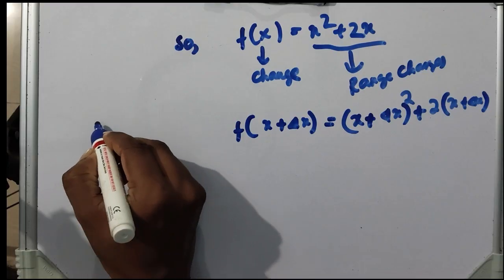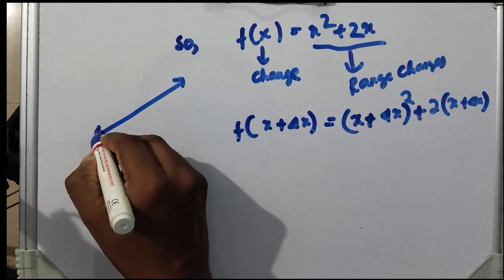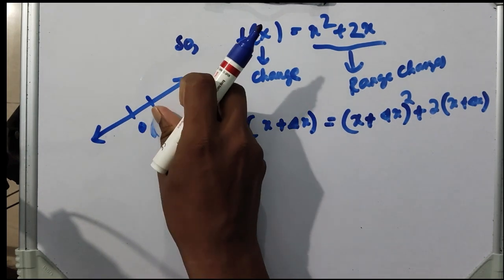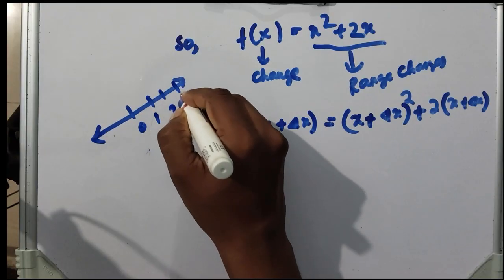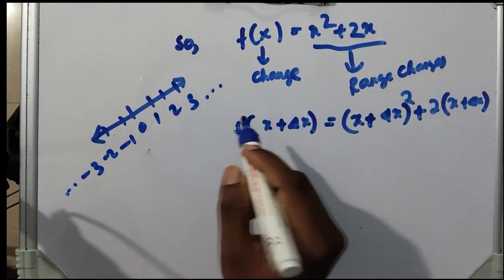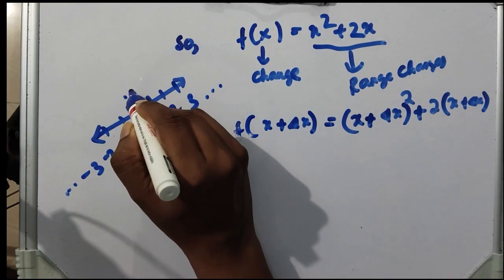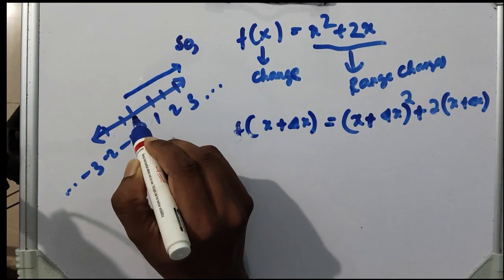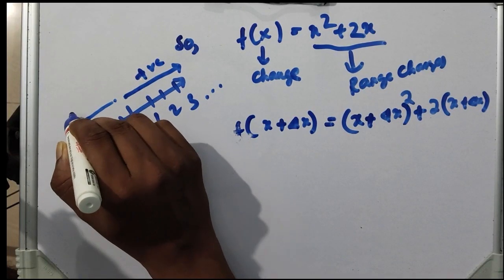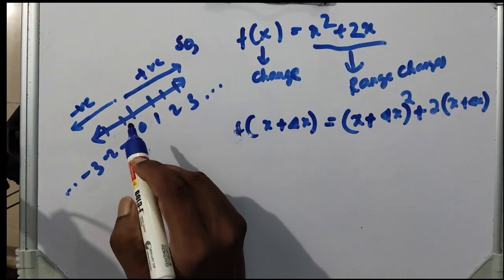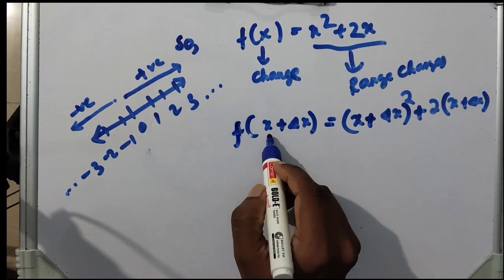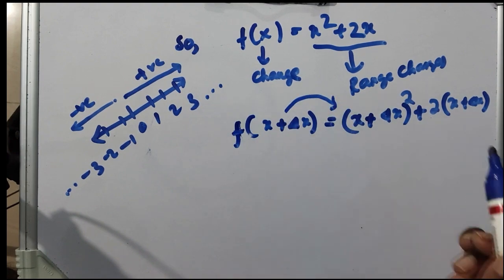This limit means, suppose there is a range of values: 0, 1, 2, 3, minus 1, minus 2, minus 3, and so on. So when x value changes from 0 to the positive side, or from 0 to the negative side, whatever the change may be, it will automatically reflect on the result.